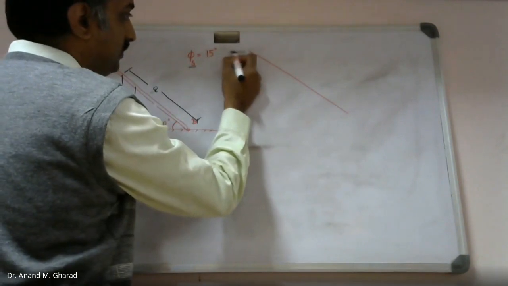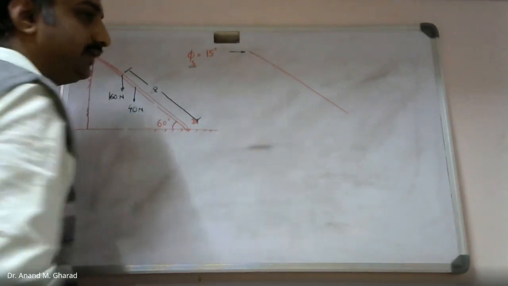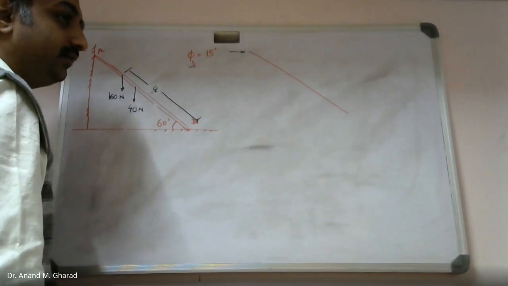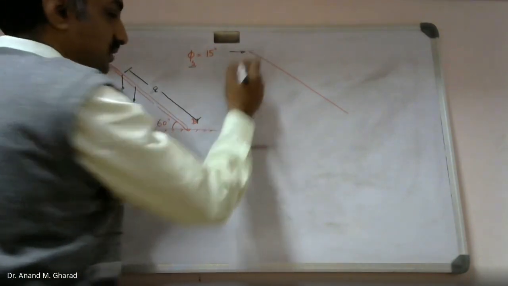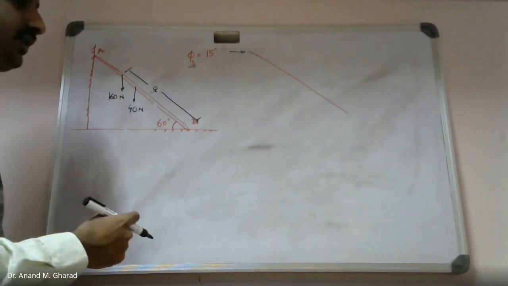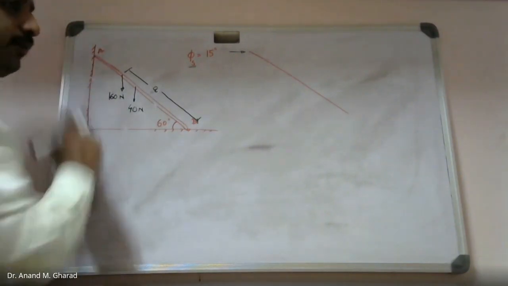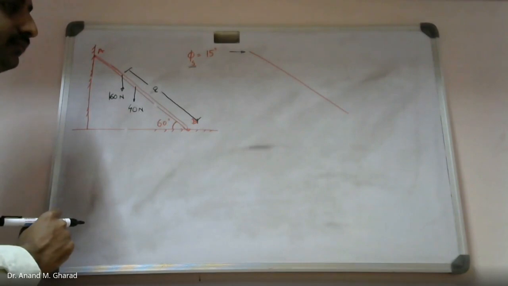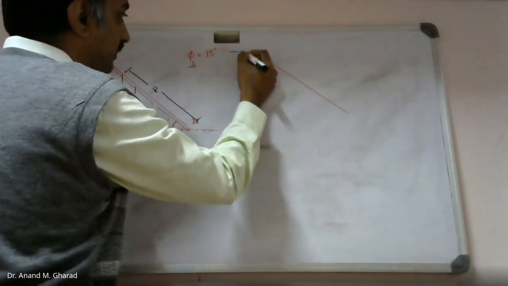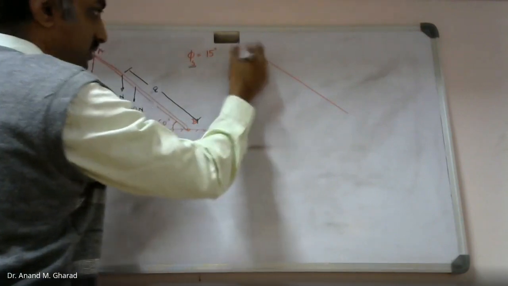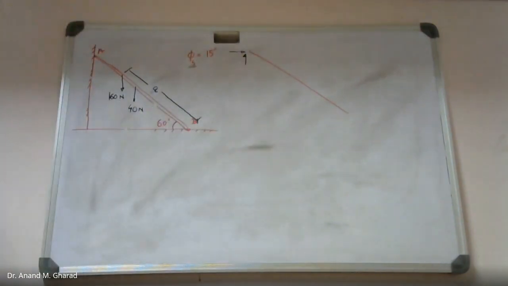One will be horizontal, another will be a vertical force. Now this force won't be a reaction force, this is frictional resistance. So which direction do you expect the frictional resistance at point A? Excellent. Why? Because point A is moving in the downward direction. Resistance offered shall be in the upward direction.